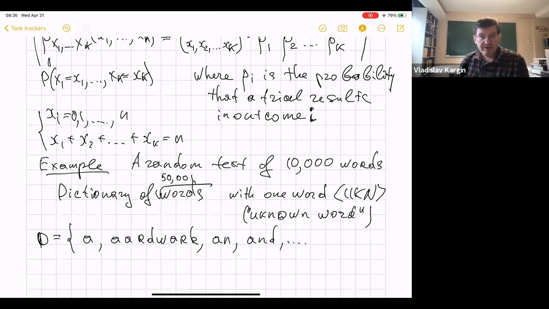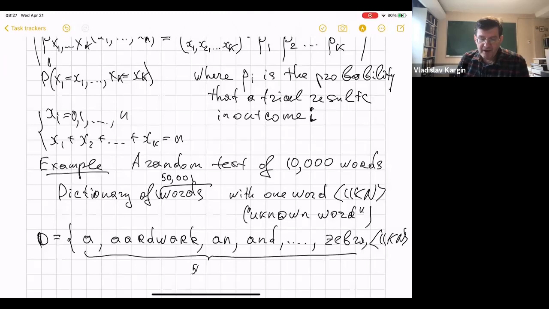So you have a list of words, and suppose it ends with zebra. And after that you add this unknown word. So you define that there are 50,000 of these words, and there is one additional word, unknown. That's why I say that it will be 50,001 words.